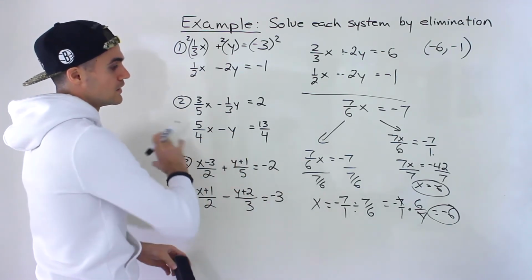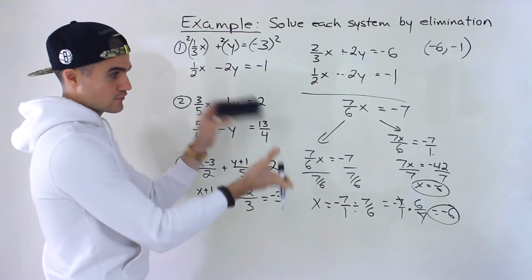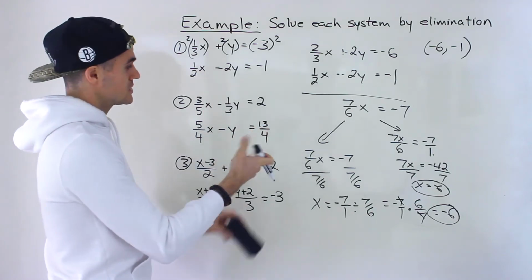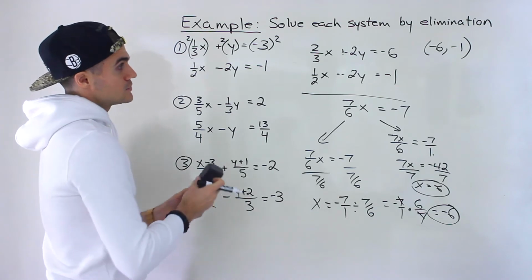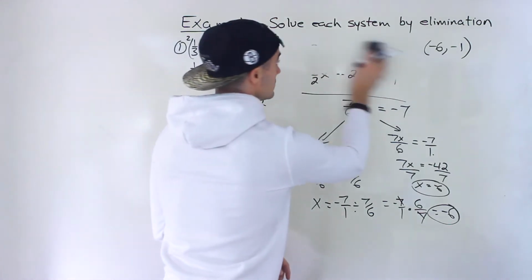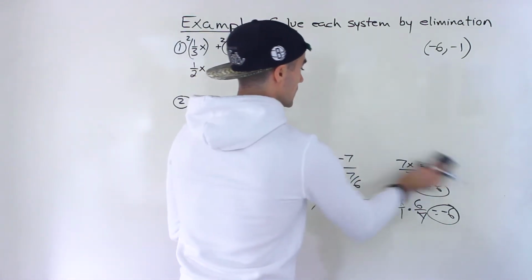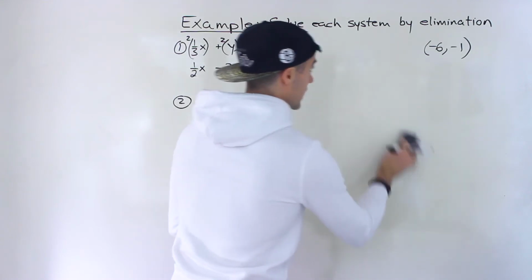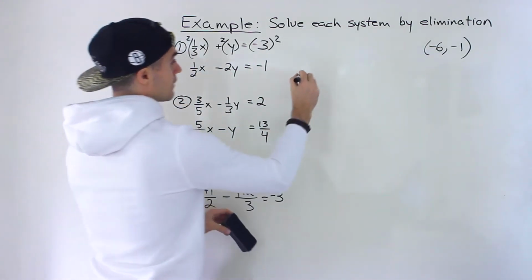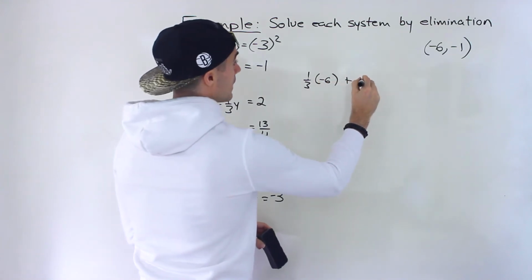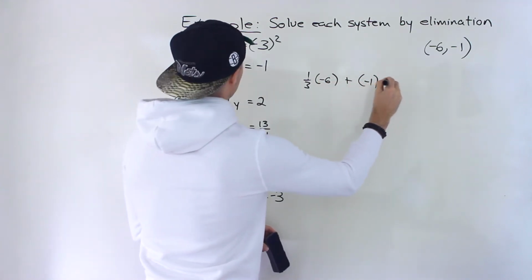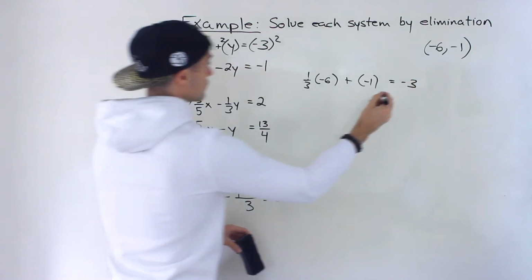Personally, what I do is I get rid of the fractions, turn everything to be integer coefficients, and then from there, I do substitution or elimination. In this case, we're just working with elimination. Now, what if we do a check on this solution? So we'd have 1 over 3 times negative 6 plus y, which would be negative 1, and that should be negative 3, right?